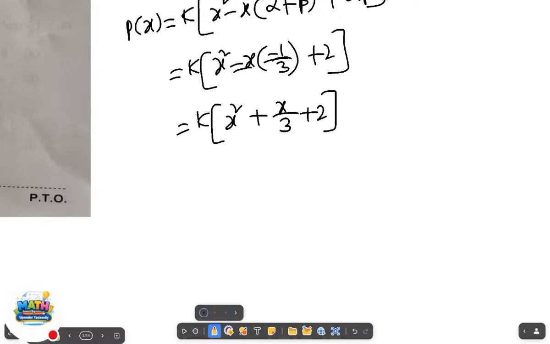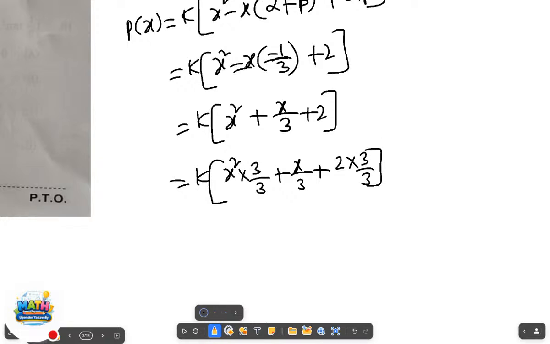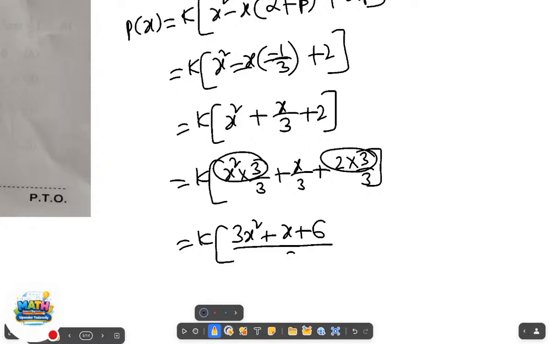Okay, so here the denominator is 3, right? Let's make all denominators equal. So for that, x square multiply with 3 by 3, plus x by 3, and multiply 2 with 3 by 3 to make all denominators equal. Now what do we get? K of 3x square plus x plus 6, whole by 3.